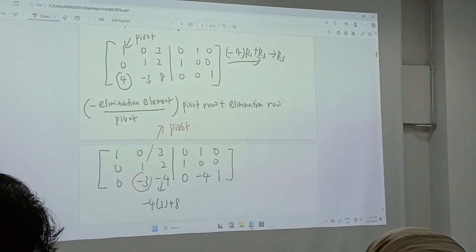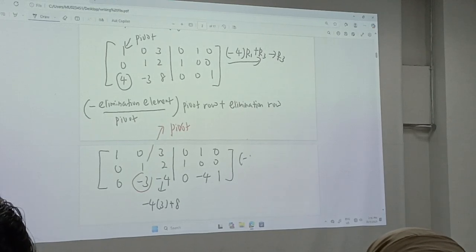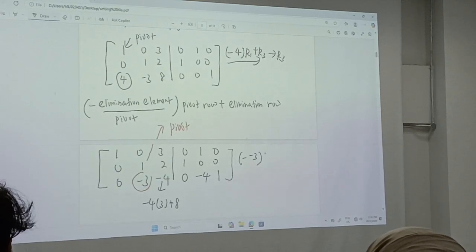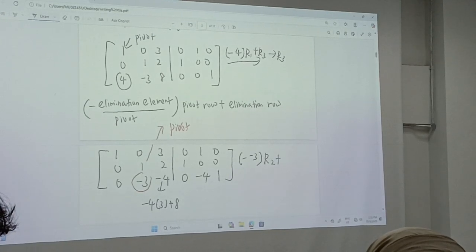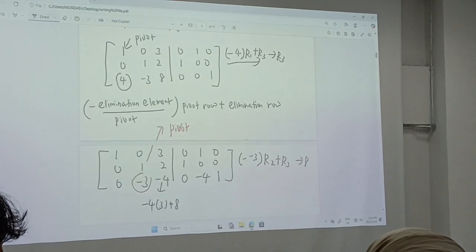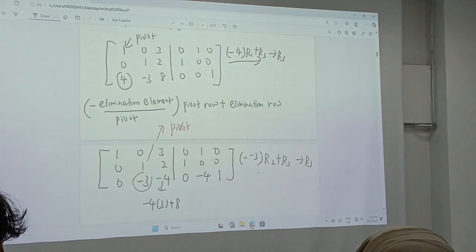So again, use this formula. Negative elimination element, negative 3 over pivot equal to 1. So still, again, negative negative 3 times pivot row R2, elimination row R3. Produce a new R3. Negative, negative, positive.